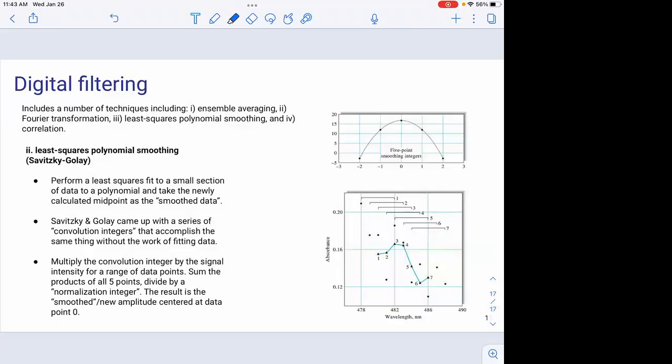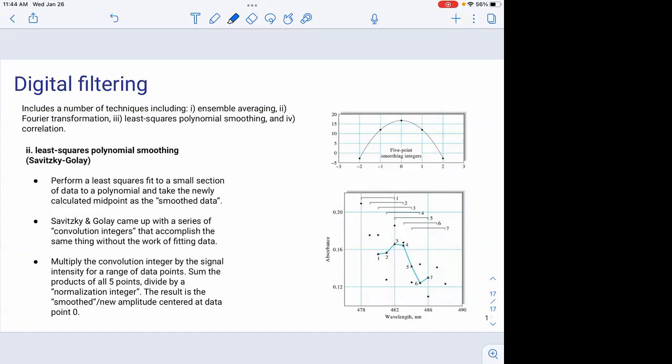Realize that least squares is just a method to reduce the deviation of empirical data from a fitted mathematical equation. It can be fitted to any sort of mathematical equation that you can come up with. So a polynomial is a perfectly good choice for this.